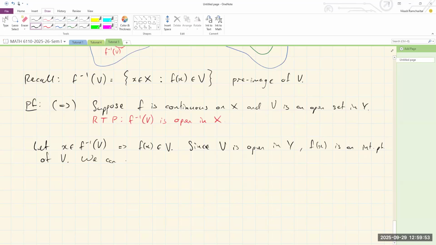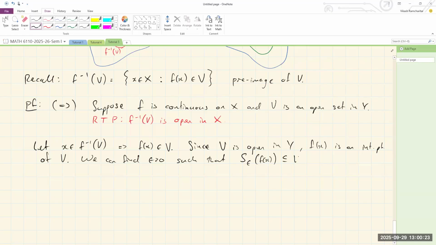We can find an epsilon bigger than 0 such that, I see in the notes they use S for sphere. I was going to use B for ball, but better to keep it similar to the notes. So there exists an epsilon sphere of radius epsilon centered at f of x. And what is so special about this epsilon sphere?